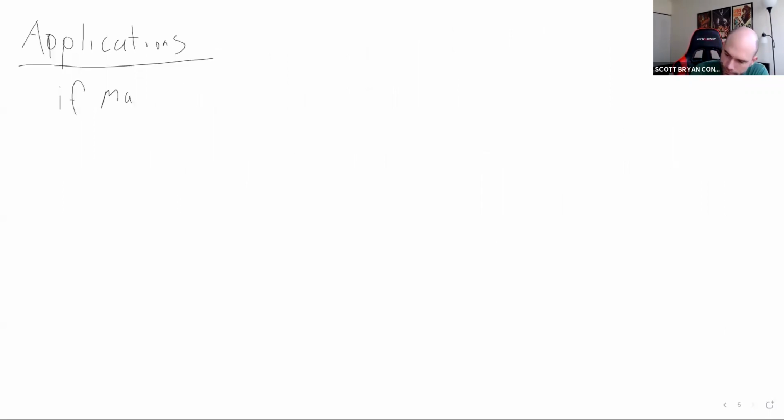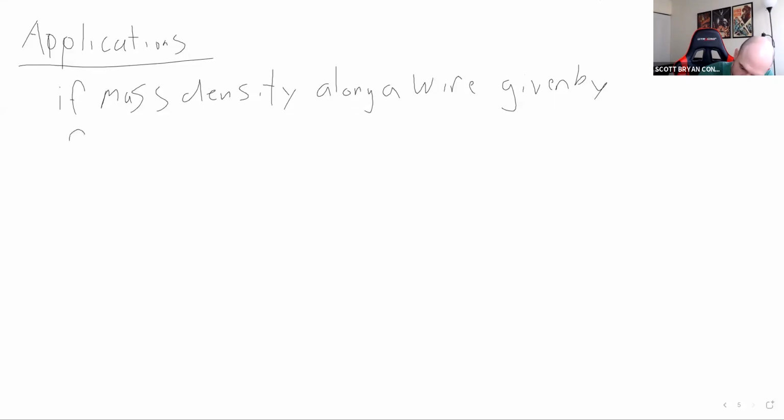So the mass density along a wire is given by delta. Actually, I think they use rho now, just to be super confusing. But that's our density function along a wire C.